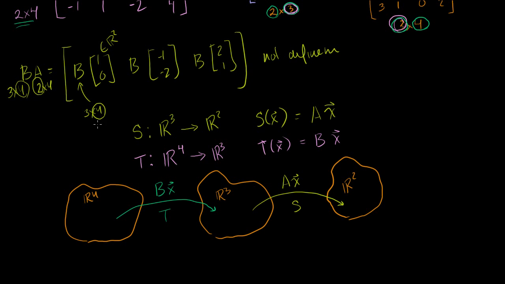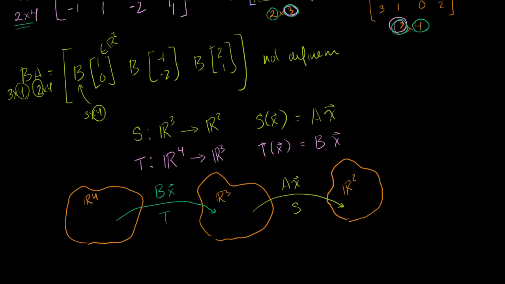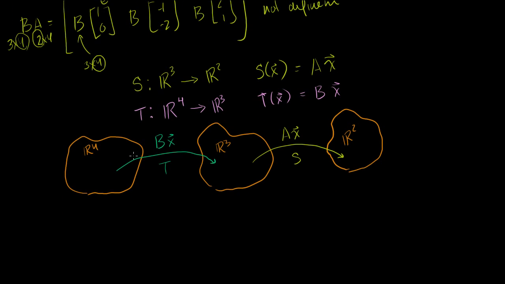So now we have a motive. We know how to think about what the product of A and B is. The product of A and B is essentially you apply the transformation B first. So what is the composition of S with T? This is equal to S of T of x.